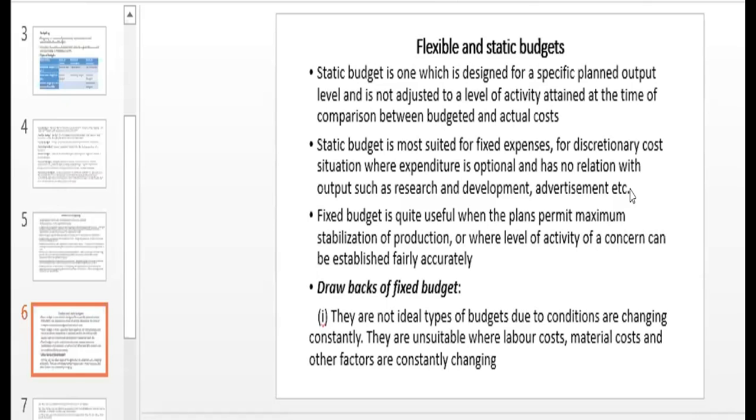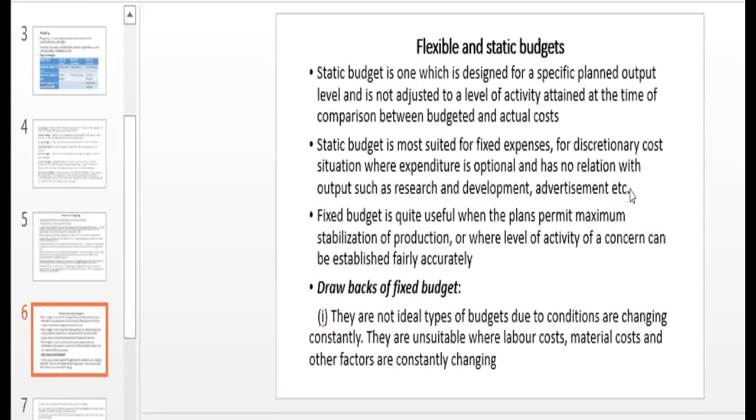Things like inflation may not affect them. Things like interest rates may not affect them, and they are certain in nature. So expenditures that are certain in nature and stable can be part of a fixed budget. But there are those which are prone to a lot of adjustments here and there. Those will fall under flexible budget.